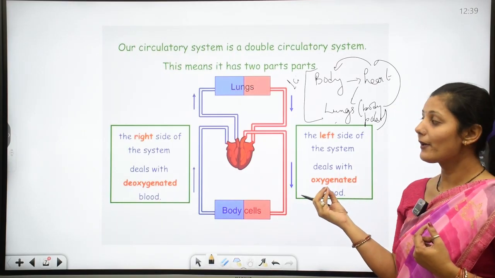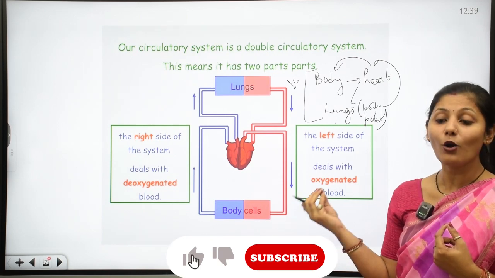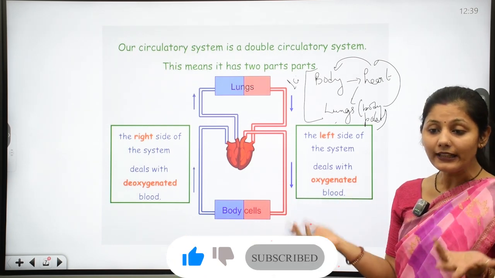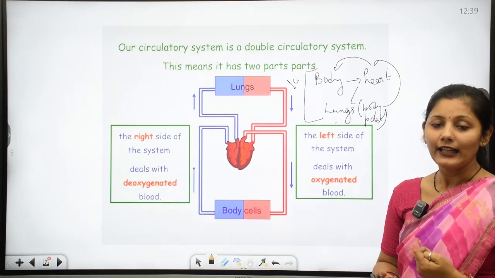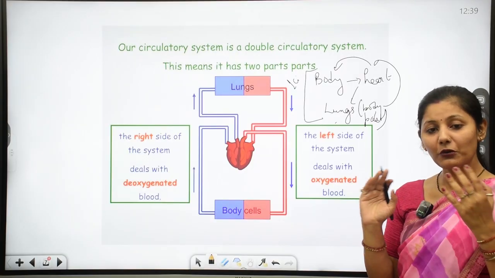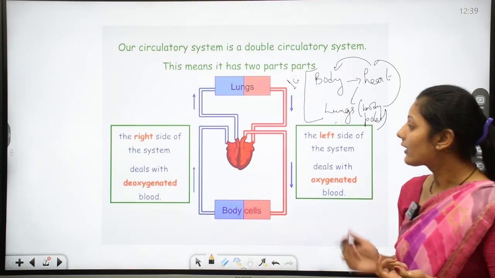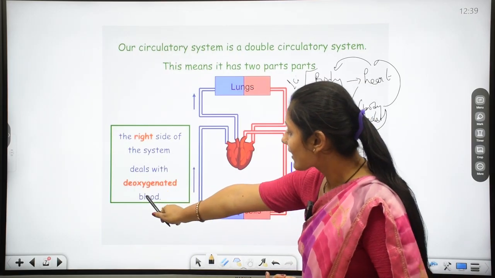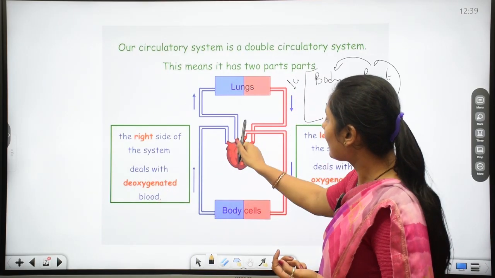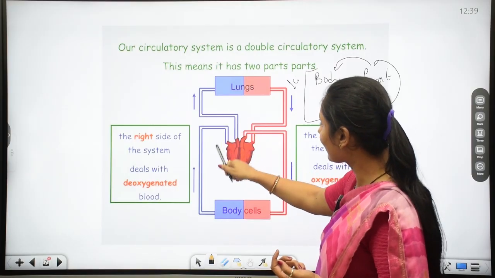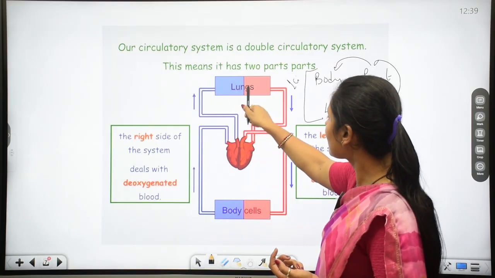This circulatory system is known as the double circulatory system because it is completing two circles at a time, and then your circulation of blood will complete. See, this is the right side of the heart which carries deoxygenated blood. It is going inside the lungs, then it will carry oxygen from the lungs.